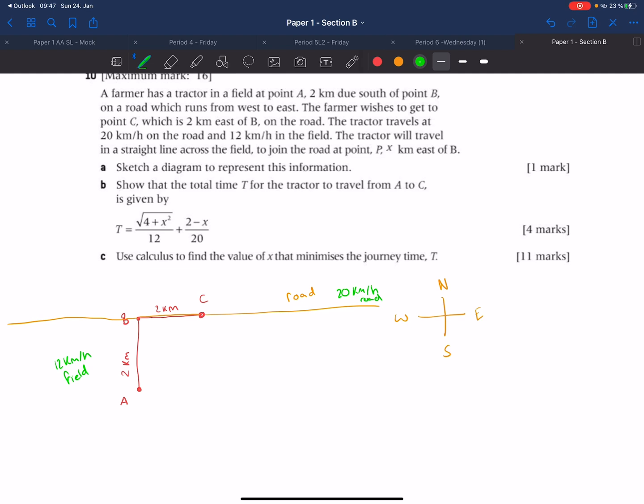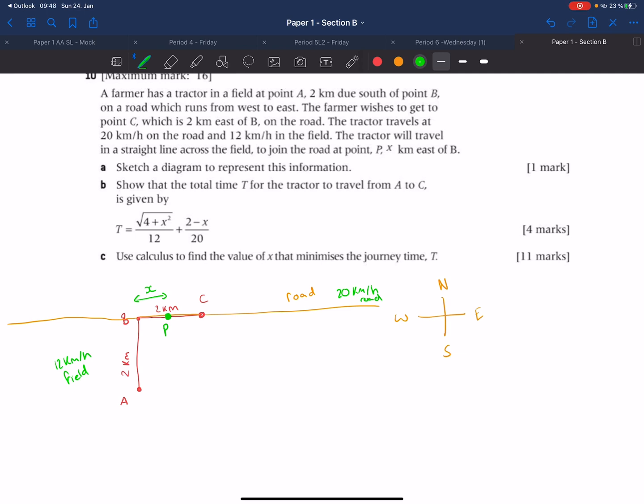The tractor will travel in a straight line across the field to join at the point P, X kilometers east of B. Right, so there's an extra point P. I'm going to put it there. This distance here is X.